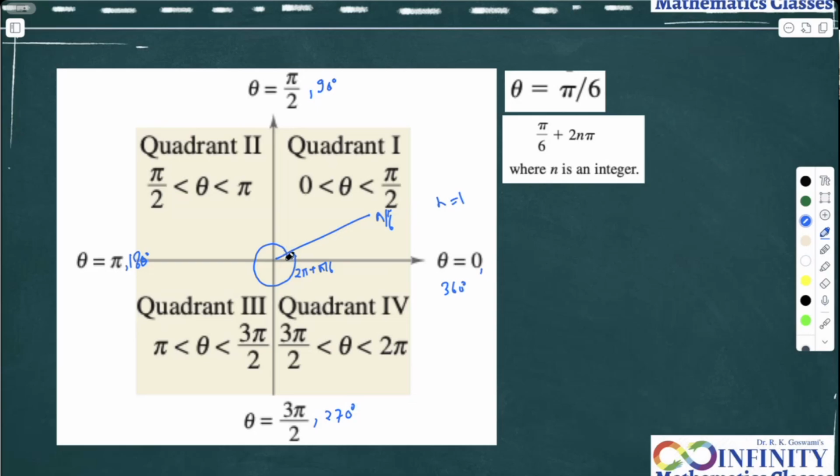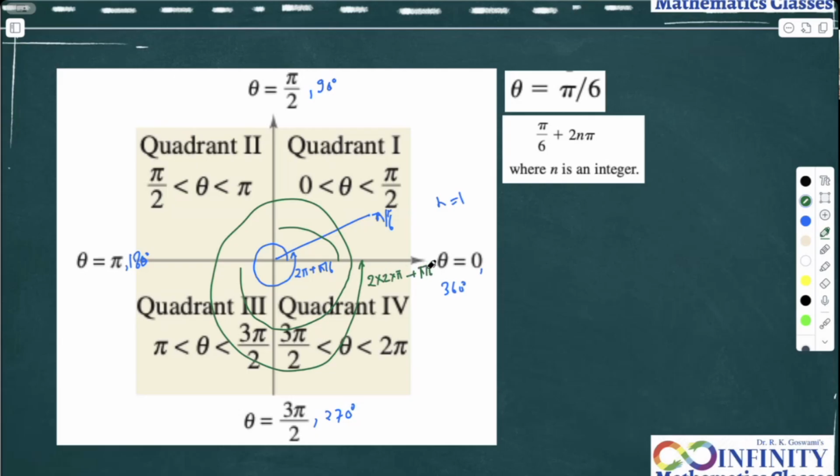When you start from the initial line, take one complete revolution, and come to the same terminal line, the coterminal angle is going to be 2 pi plus pi by 6. When you take two rounds, starting from the beginning, one round and then another round, this time it is going to be 2n pi, where n is 2. That is 4 pi plus pi by 6.